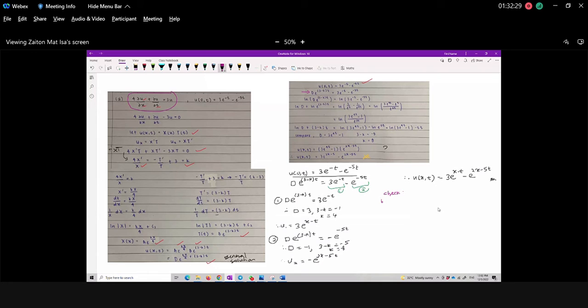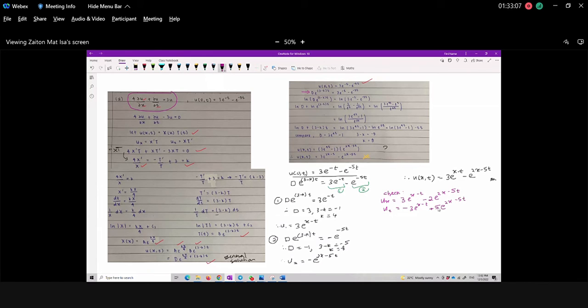So ux is 3e^(x-t) minus 2e^(2x-5t), and then ut equals minus 3e^(x-t) plus 5e^(2x-5t).